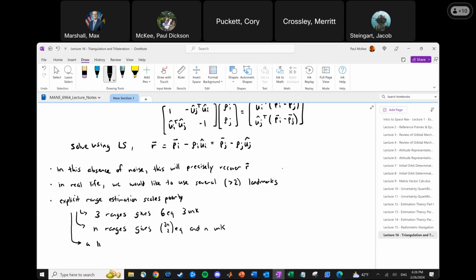A lunar surface image could contain 100 or more landmarks. Not necessarily craters, but like identifiable feature points that you could use, right? And so this would give a 9,900 by 100 matrix that you would need to solve.